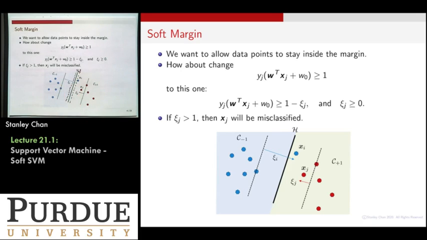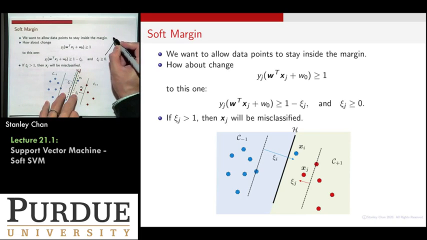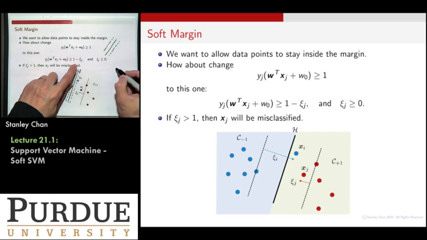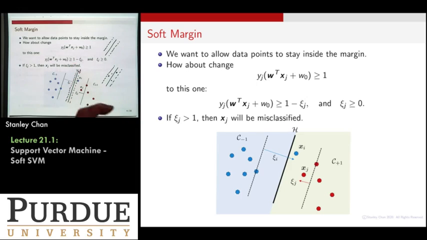Now what is the difference from this one? In this case, you have your decision boundary here, you have your margin here. There are no points that are allowed to stay inside. With this constraint here, if this is the same decision boundary and you draw the margin, you will allow data points that live inside this space.